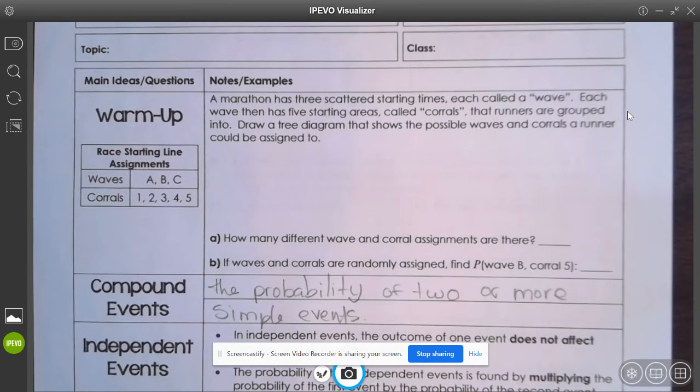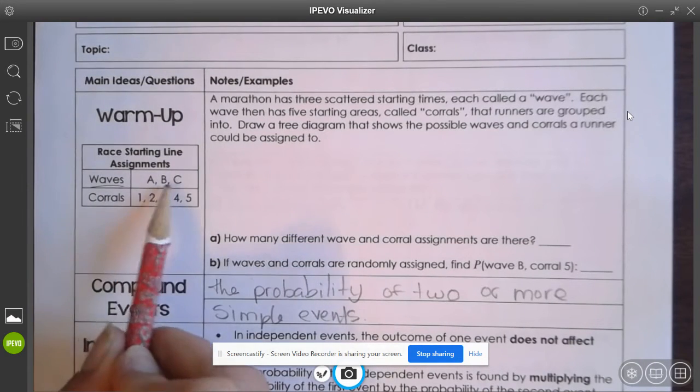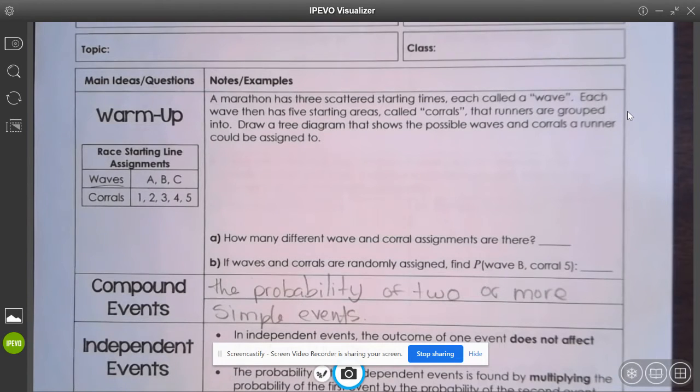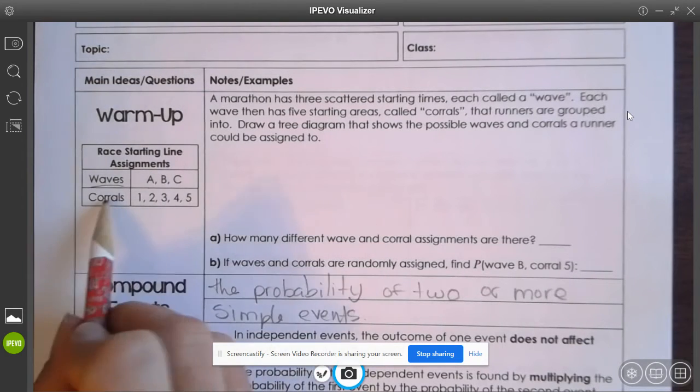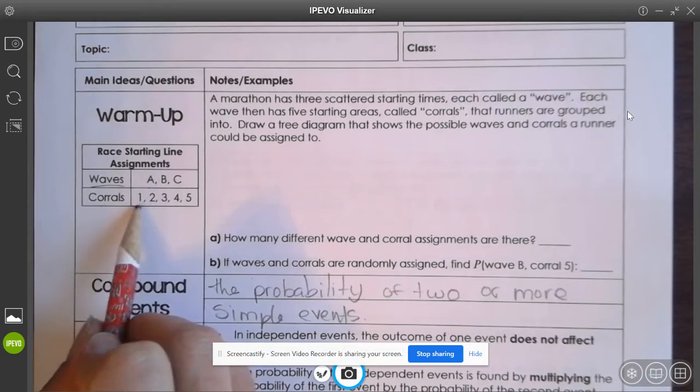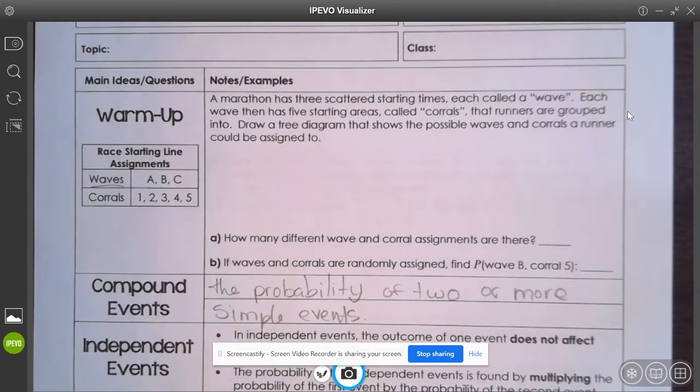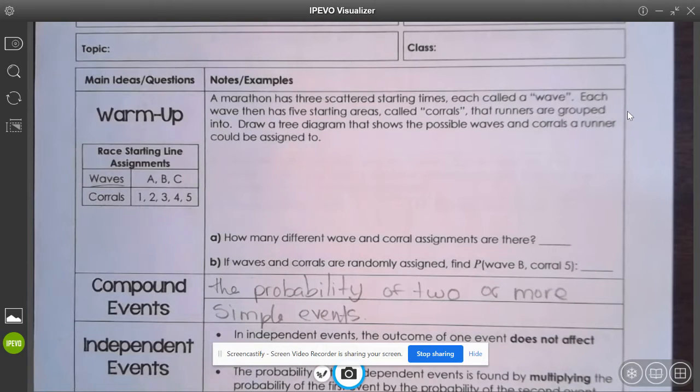As an example, number one, it says a marathon has three scattered starting times, each called a wave. You can see here, there are three waves, A, B, and C. Each wave has five starting areas that are called corrals. So there's five corrals the runners are grouped into. That means that in a race there are different starting times, and these are called waves.